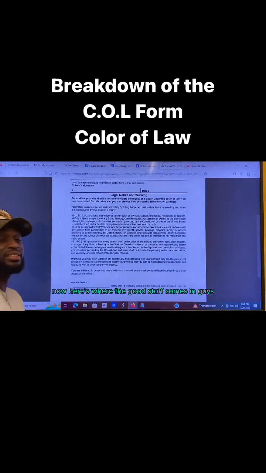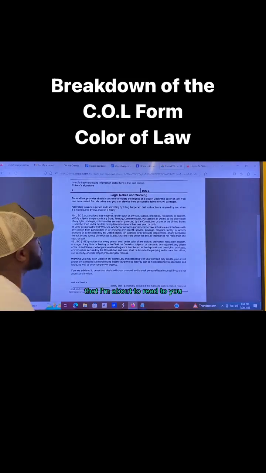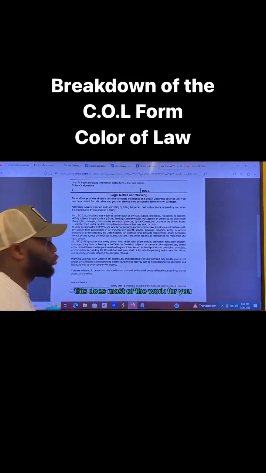Now, here's where the good stuff comes in, guys. These are United States codes that I'm about to read to you or quote to you. So, like I said, this does most of the work for you.